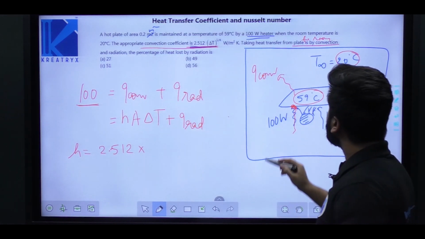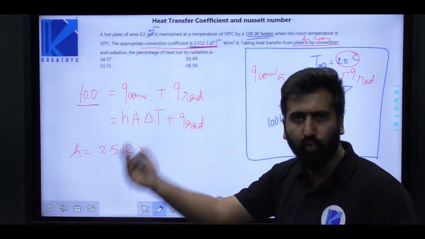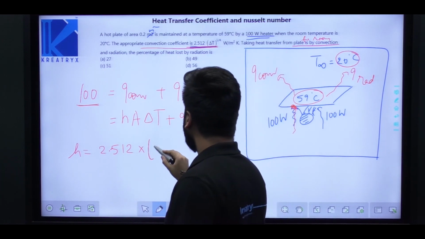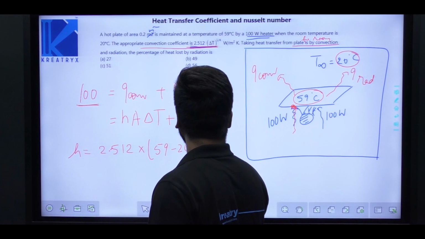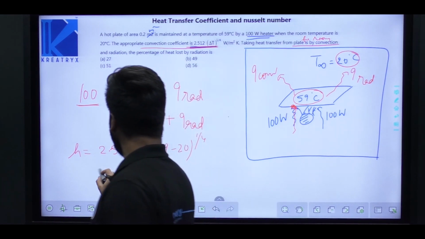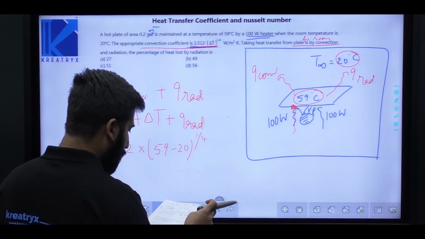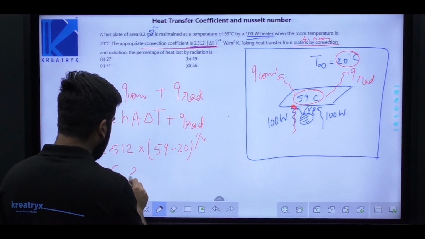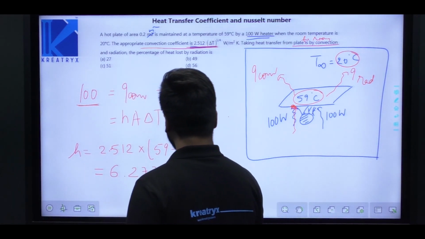The heat is convected from the plate to the room, so delta T will be 59 minus 20, raised to the power 1/4. Solve it, h will come out to be 6.2774 watt per meter square Kelvin.